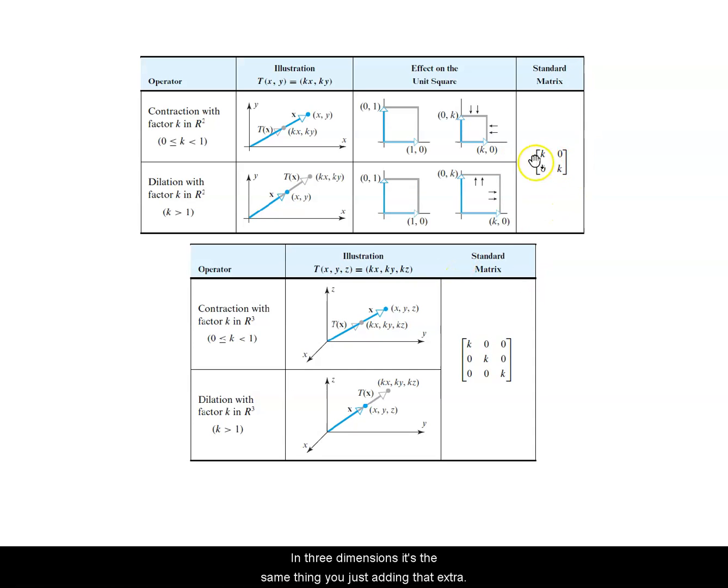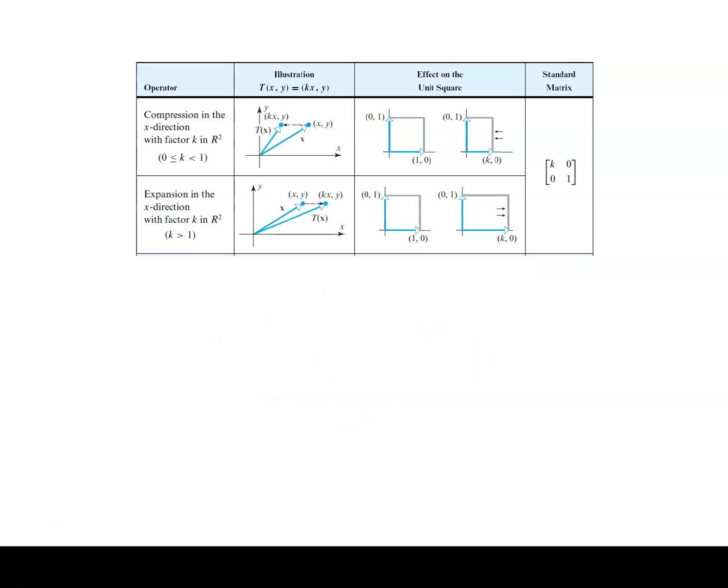In 3 dimensions, it's the same thing. You're just adding that extra standard vector, okay, for the z direction. If we want to do a compression in a single direction, then we just have k for that single direction, and the other one stays as the unit vector. Okay, so k1 is going to shrink or expand in the x direction here, right?